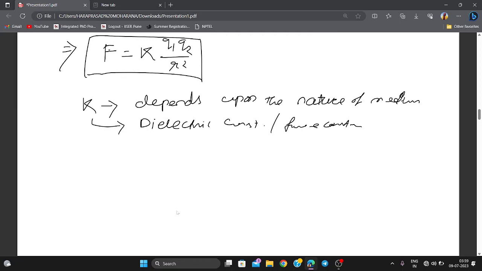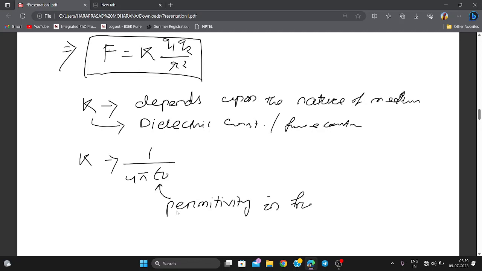If we are talking about free space, its value will be 1 by 4 pi epsilon naught, where epsilon naught is the permittivity of free space.